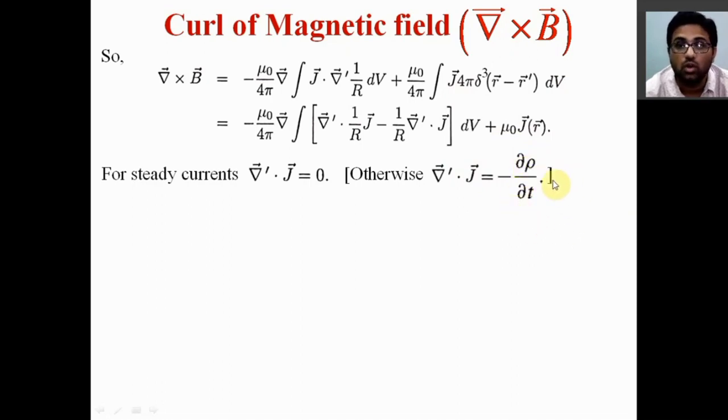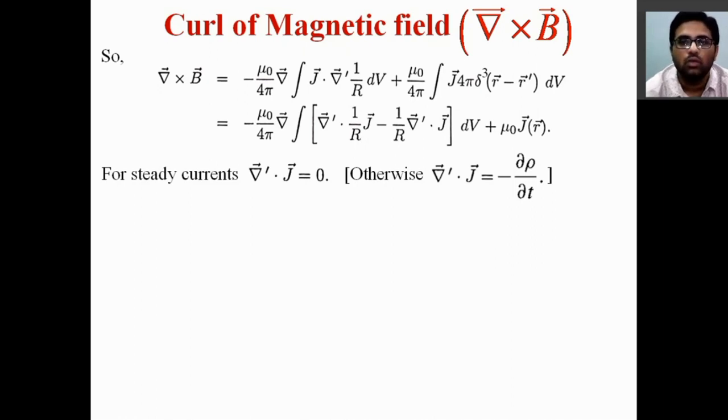This is actually called the continuity equation. Okay. Now I am not discussing this continuity equation here. This will be discussed in detail later in the main course when we discuss Maxwell's equations in electromagnetic theory.